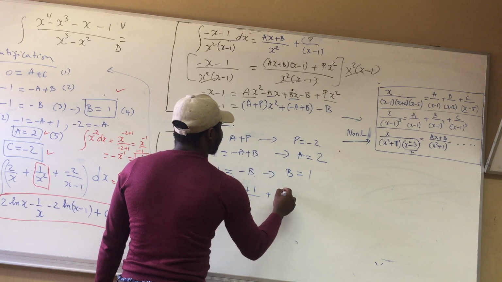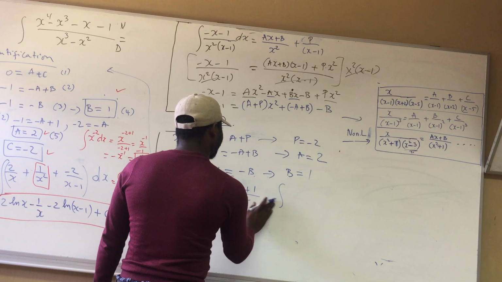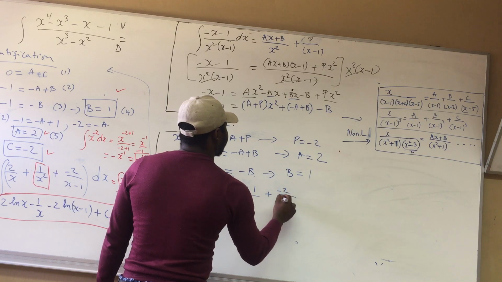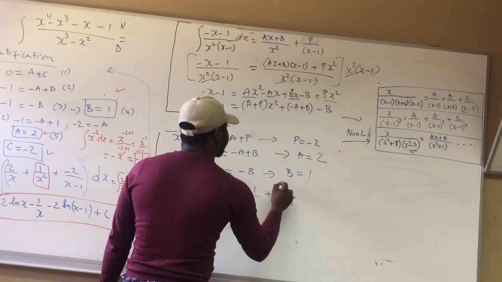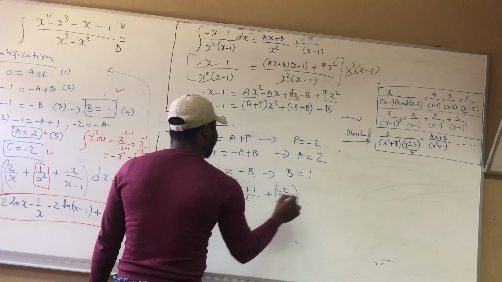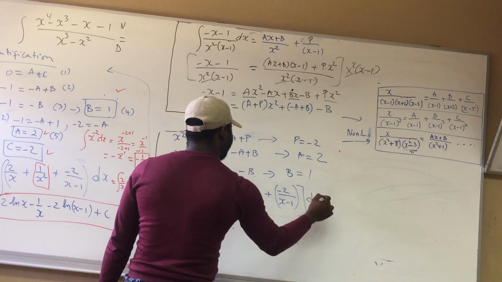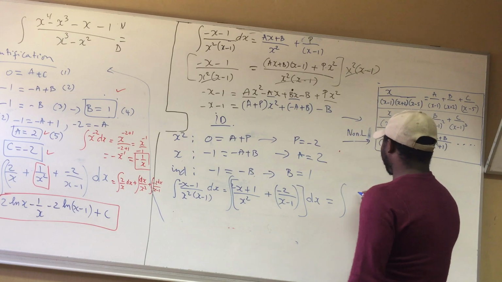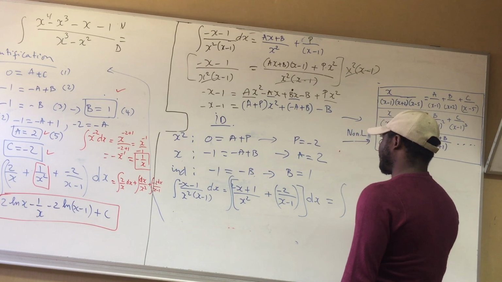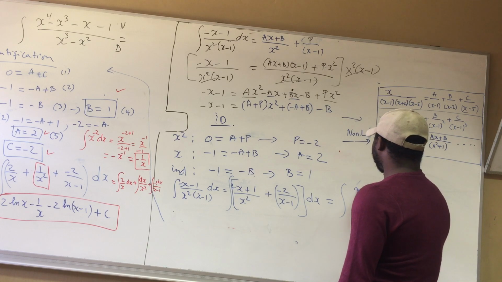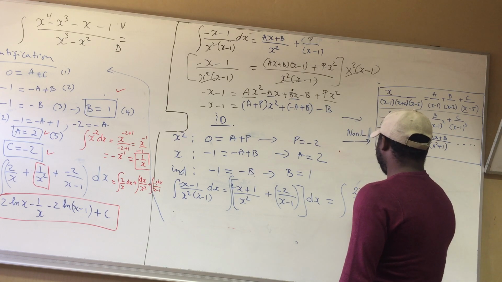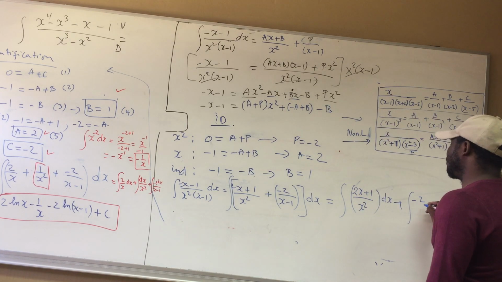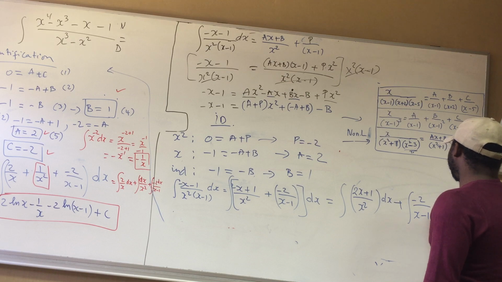Your p equal to -2, divided by x - 1. Alright? From here, I must distribute. It's going to give you what? Look, this is (2x + 1) divided by x squared dx plus the integral of -2 over (x - 1) dx.